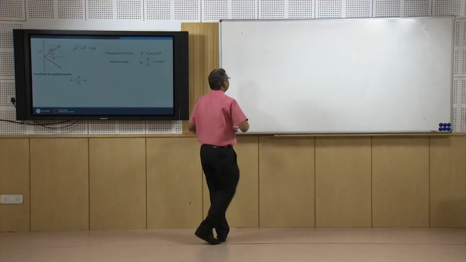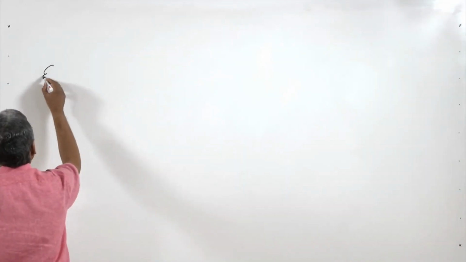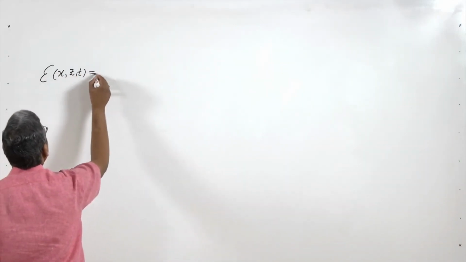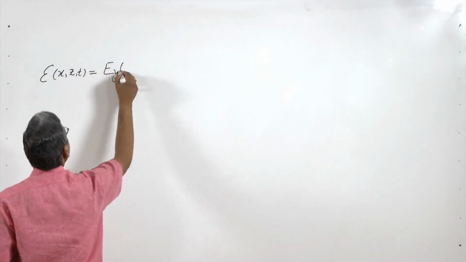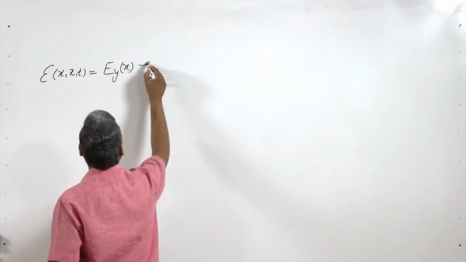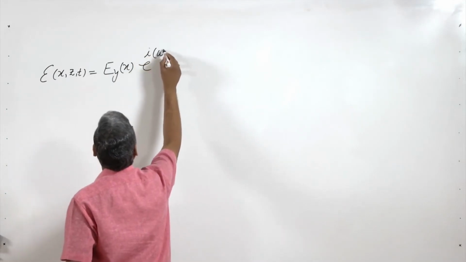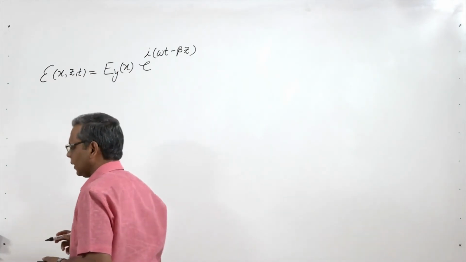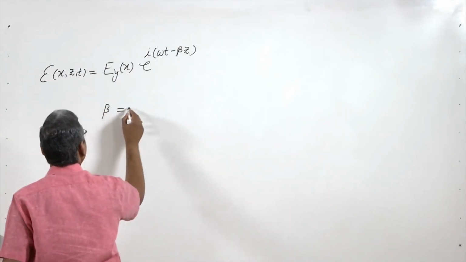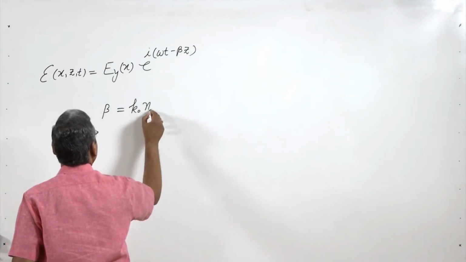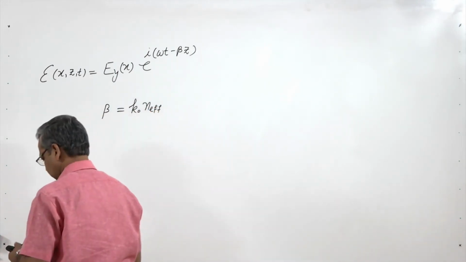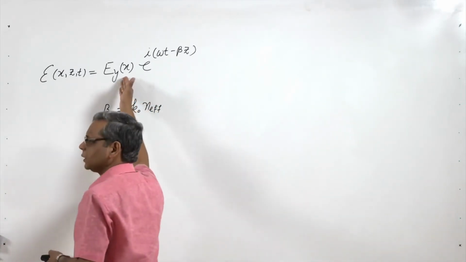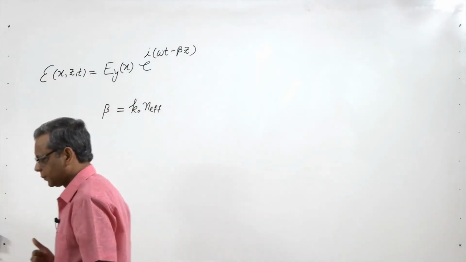If you look at it again, E of x, z, t is equal to E y of x e to the power i omega t minus beta z. Beta is k naught n effective, which basically tells you with what velocity this particular field, this standing wave, will propagate.